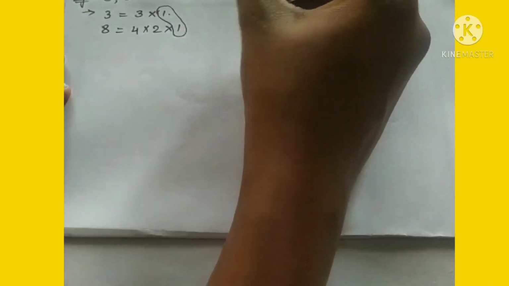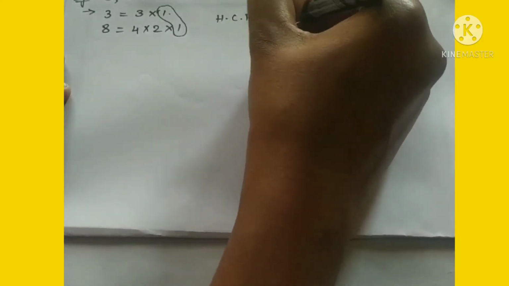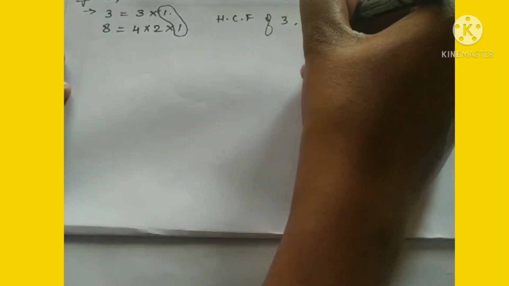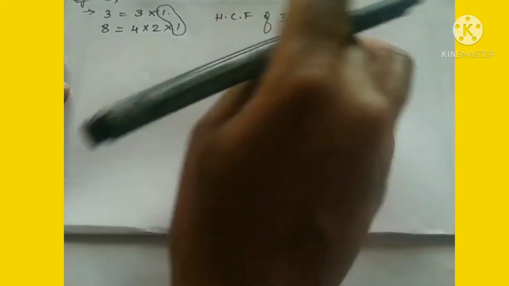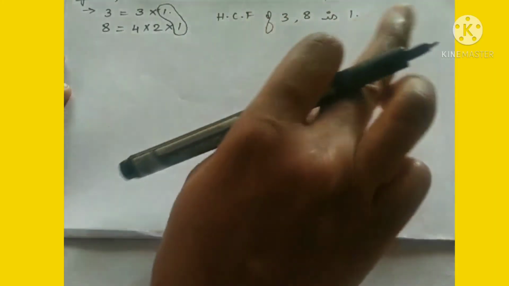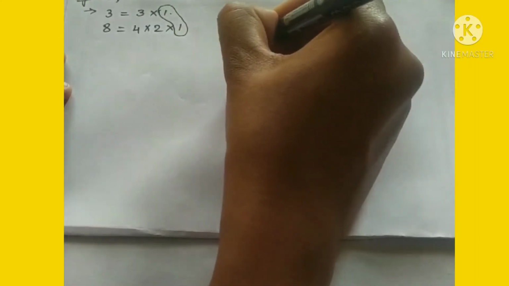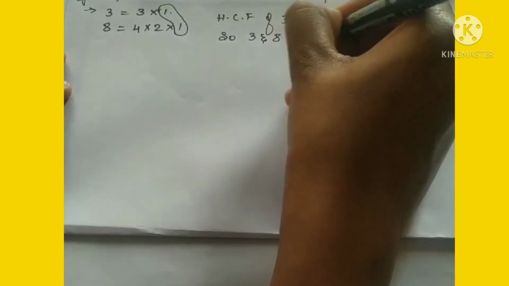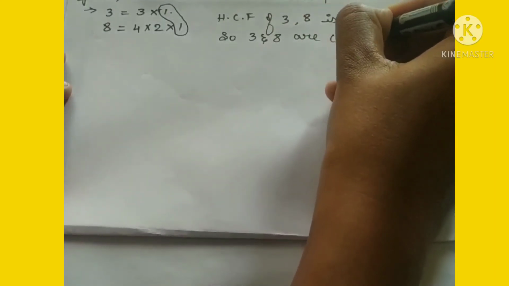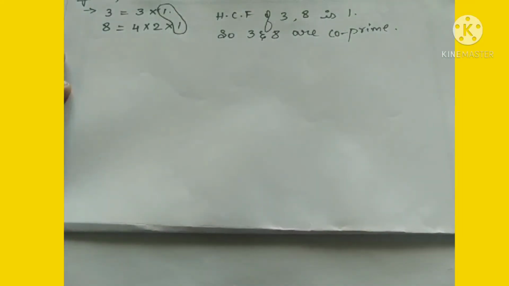The HCF of 3 and 8 is 1. So if the HCF of any numbers is 1, then they are said to be co-prime. So 3 and 8 are co-prime numbers according to the definition. Okay, these are all about co-prime numbers. Is it clear?